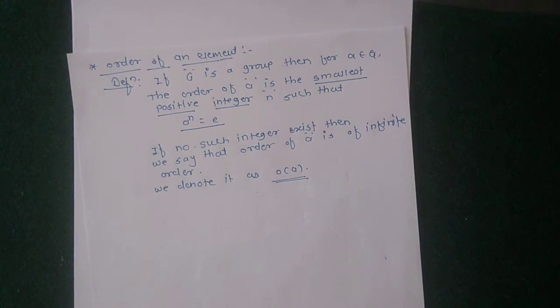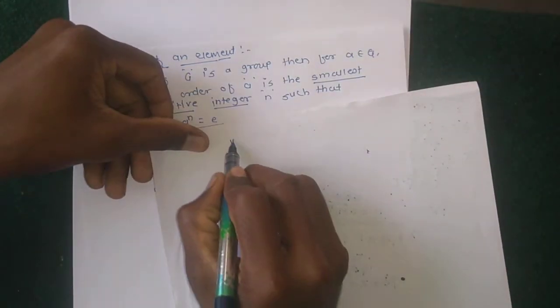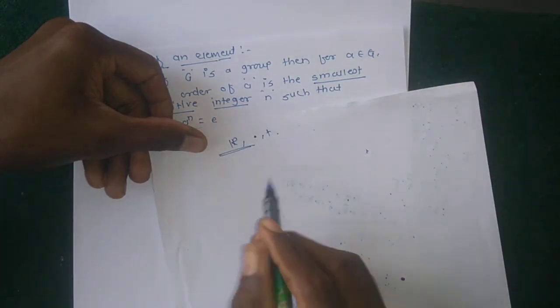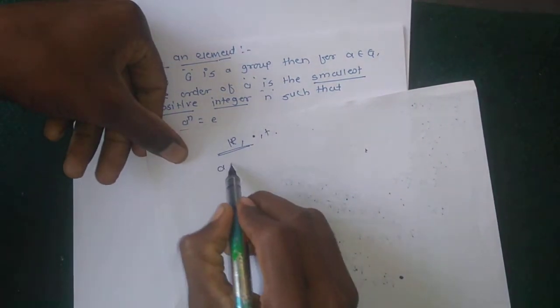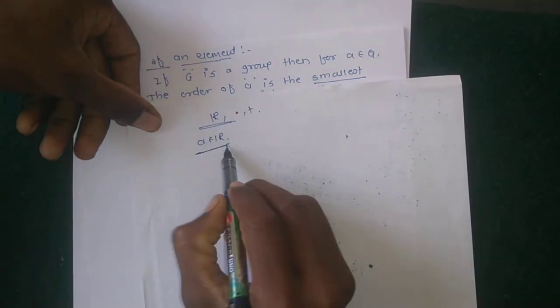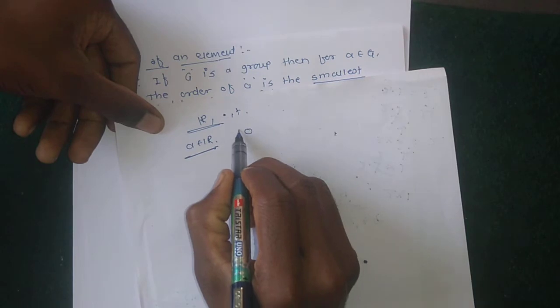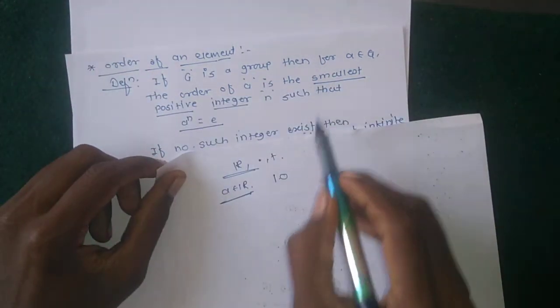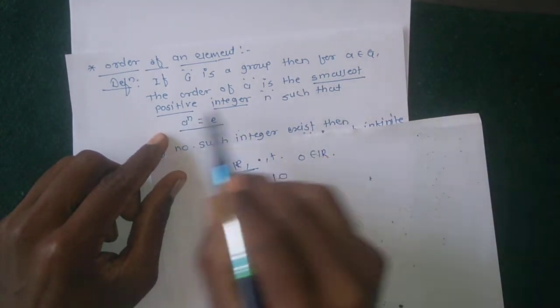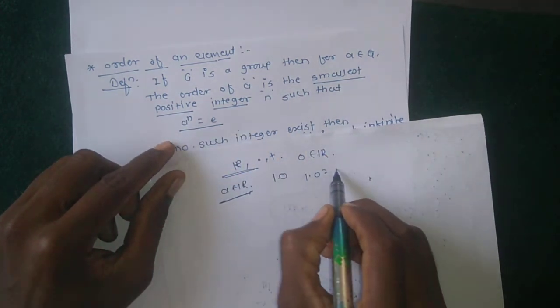Suppose we take the set of real numbers, which is a group with respect to addition. Take any element of the set of real numbers; here 0 has an order. The condition is 0 belongs to the set of real numbers, and the smallest positive integer is 1, since 1 into 0 equals 0.